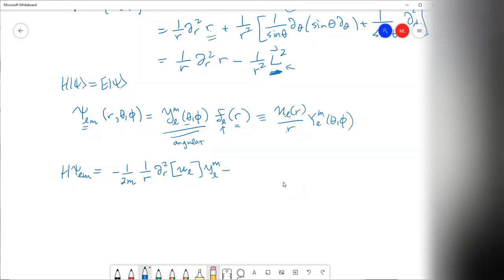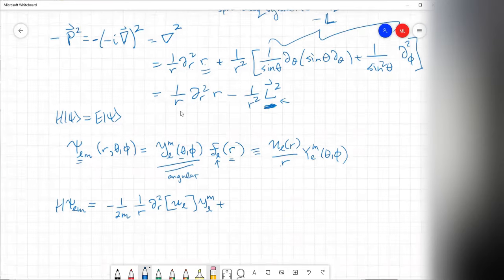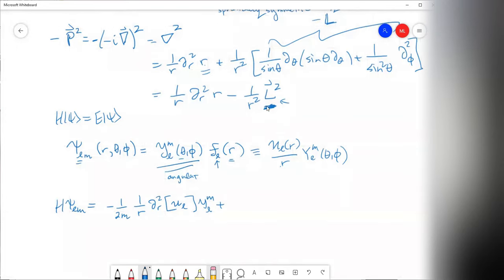Then what do you have? Well, then you have the L squared part. You got this guy right here. That gives you L plus 1 over 2m, you've got this r squared right here. And then of course you have the V of r.